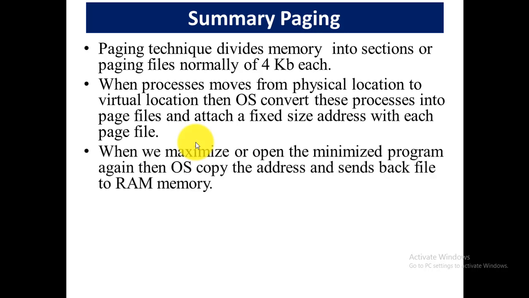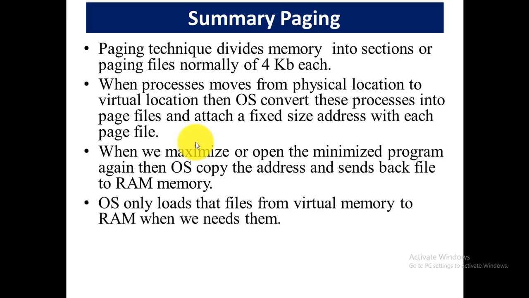When we maximize or open the closed or minimized program again, then the operating system copies the address and sends the file back to RAM memory. The operating system only loads those files from virtual memory to RAM when we need them or when there is space for those files in RAM.